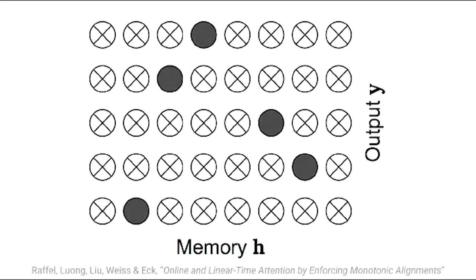I'd like to point out that you can view this attention mechanism as optimizing a stochastic process in expectation. What I mean by that is, let's imagine that at each output time step, a decoder RNN constructed its distribution over the memory as usual, but then instead of computing a weighted average, it uses this distribution as a categorical random variable, samples a memory index, and attends only to that memory entry.